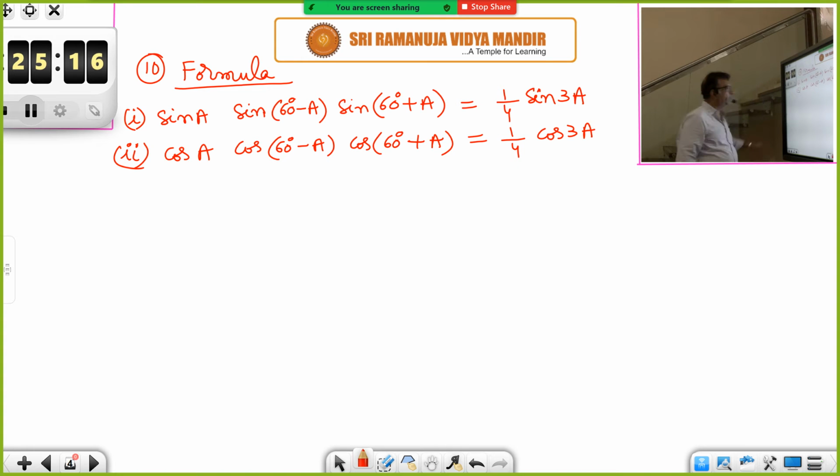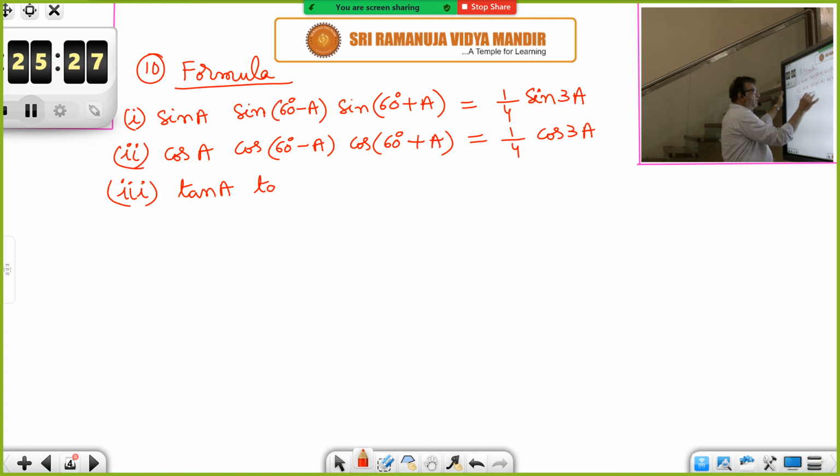Now, next formula, can anybody tell? Please come forward and tell. I'll write the left hand side, you have to tell the right hand side. Tan A, tan 60 minus A, tan 60 plus A. Is it 1 by 4 tan 3A or just tan 3A?